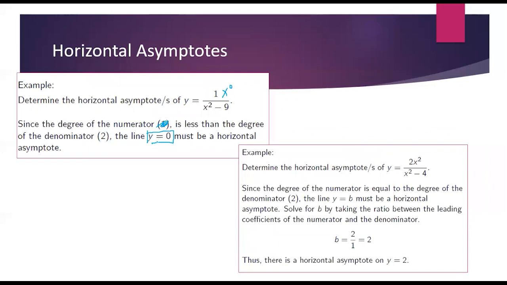So you have y is equal to 0, which is our horizontal asymptote.